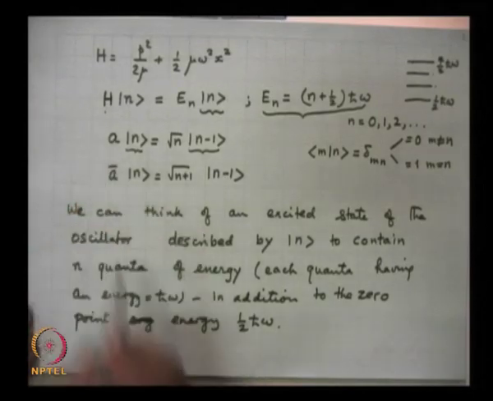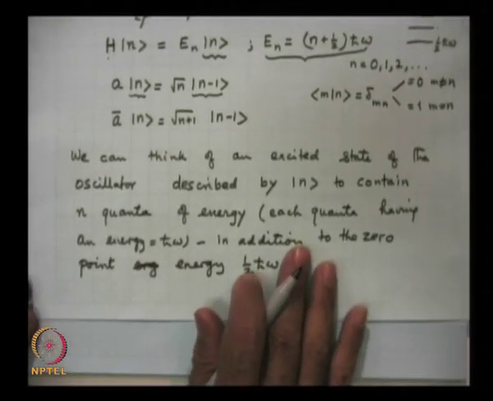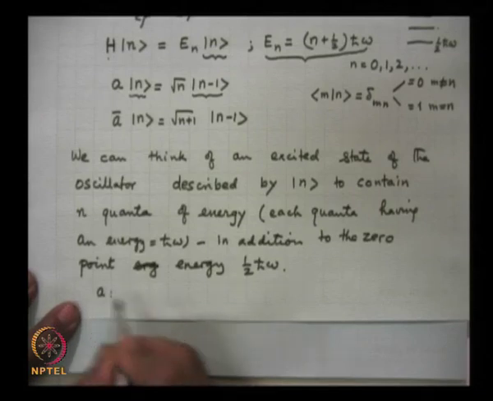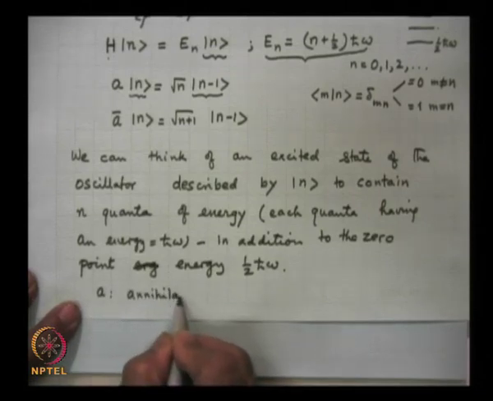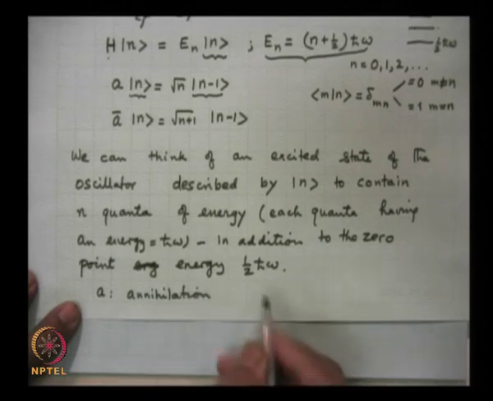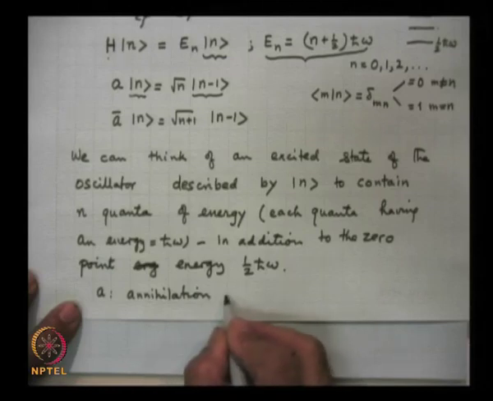So, therefore, the operator A is referred to as the annihilation operator. In the quantum theory of radiation, one has to use these operators extensively.